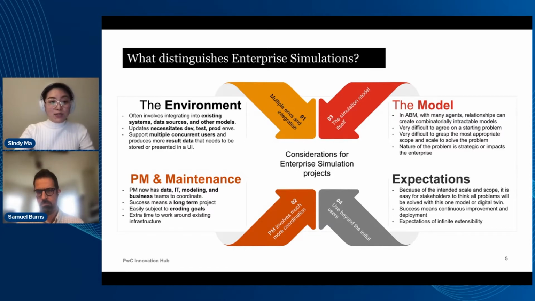These types of models are also really easily subject to eroding goals, which really affects your PM. Over time, because of how many groups have to coordinate and work together, any blockers are likely to be seen as, oh, we can maybe compromise on that. And then by the end of the project, you may not recognize the model anymore as what you started out trying to accomplish.